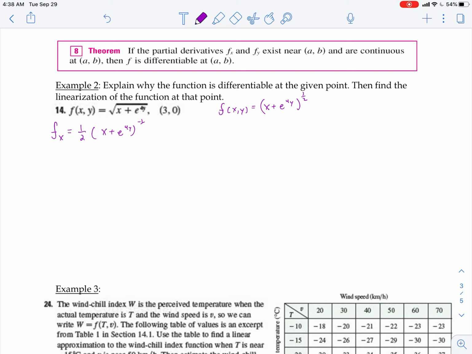So 1/2 (x + e^(4y))^(-1/2) times the derivative of the inside, which is 1. So we're just left with 1 over 2 square root of (x + e^(4y)).